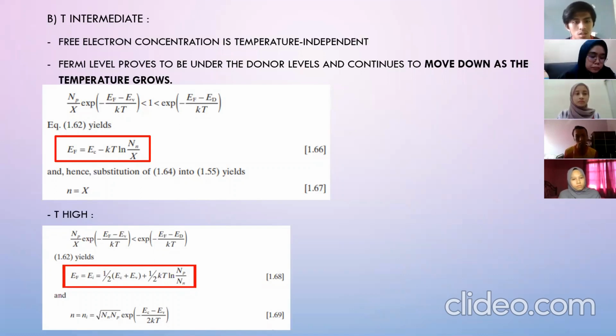In the equation, we have ln n over x, so as temperature increases, the EF will decrease. As the temperature remains higher, the Fermi level will continue to decrease. Next.